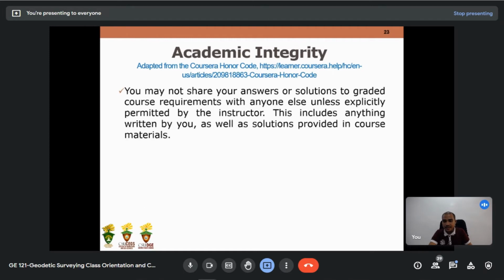Next is you are not allowed to share your answers or solutions to graded course requirements with anyone else unless explicitly permitted by your instructor. So cheating, no? So dili gyud na siya gina-permit, no, nga mag-cheat mo or i-share ninyo ang inyong answer sa uban.